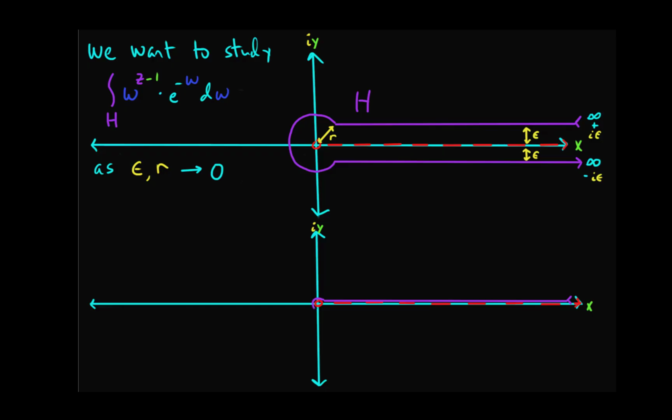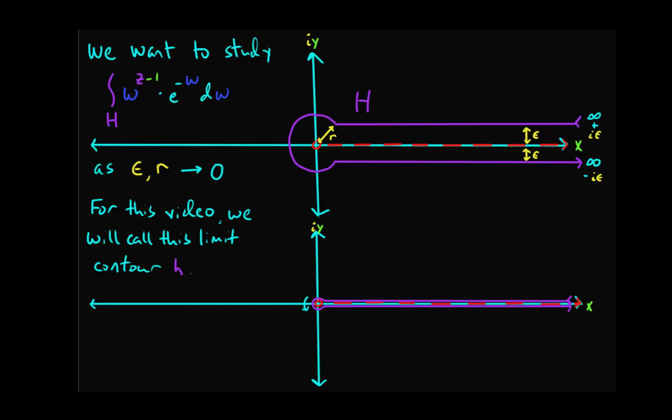As r becomes infinitely small, the part of the contour that circles the origin becomes infinitely close to the origin without ever touching it. And then the last part of our contour travels back out towards positive infinity, but this time below the positive x-axis at a distance epsilon, which becomes vanishingly small, so that this part of the contour becomes infinitely close to the branch cut from below the x-axis without ever touching. So this is our limit contour, and for the purposes of this video, we'll call this limit contour lowercase h.